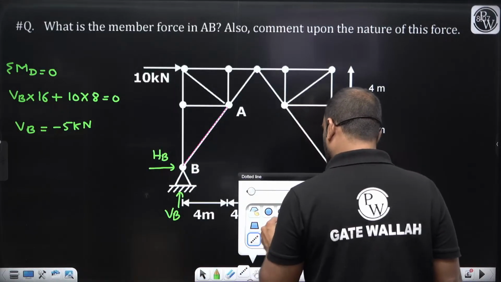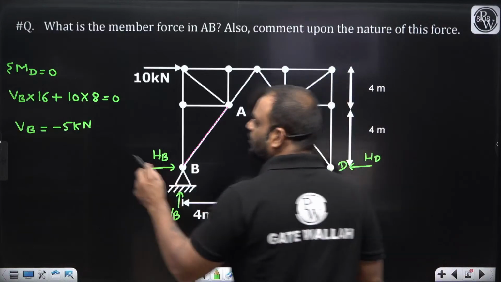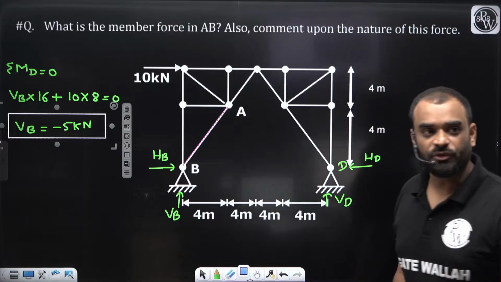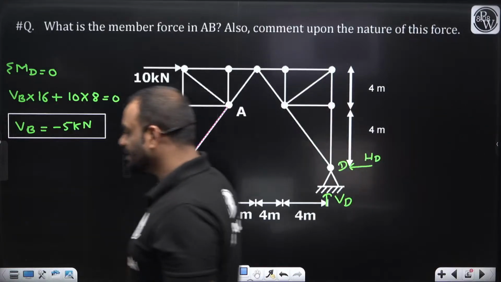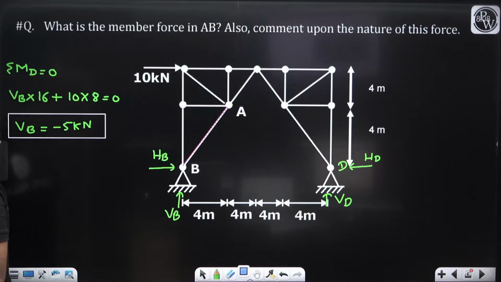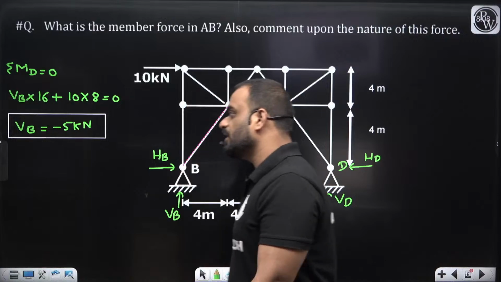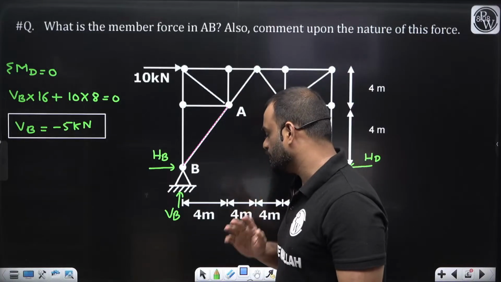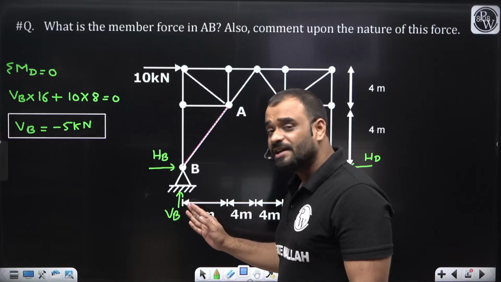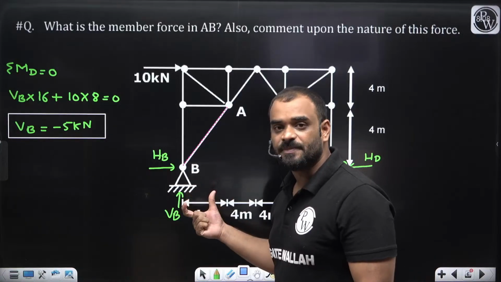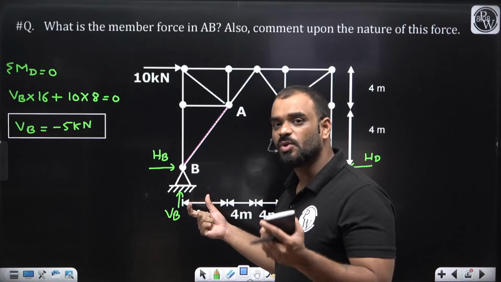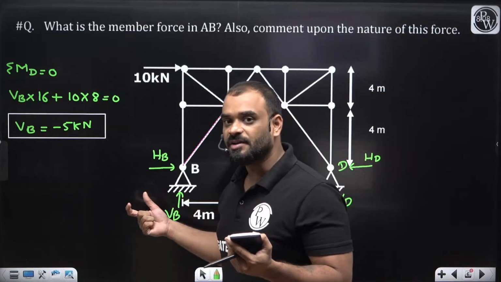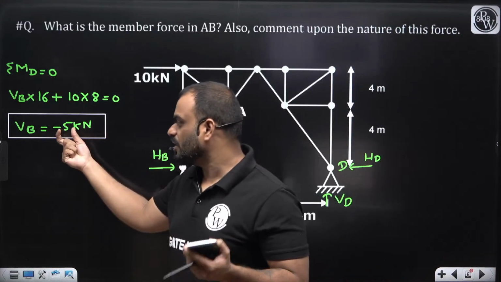Minus 5 kilonewton. What does it indicate? If you are writing minus 5 kilonewton, what does it indicate? Can anyone tell me what it indicates exactly? Minus 5 kilonewton means what? Listen very carefully: whatever direction you have considered for VB, that is wrong, and your answer is negative 5.